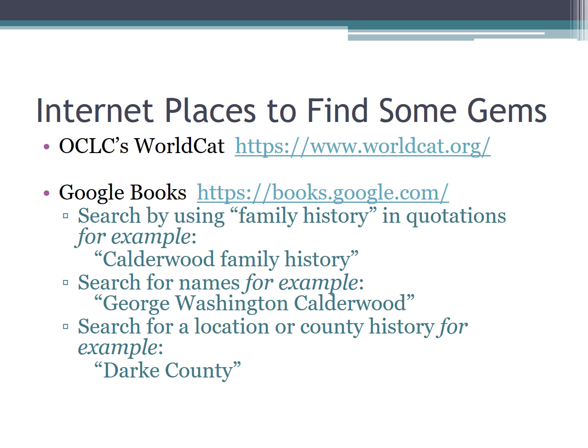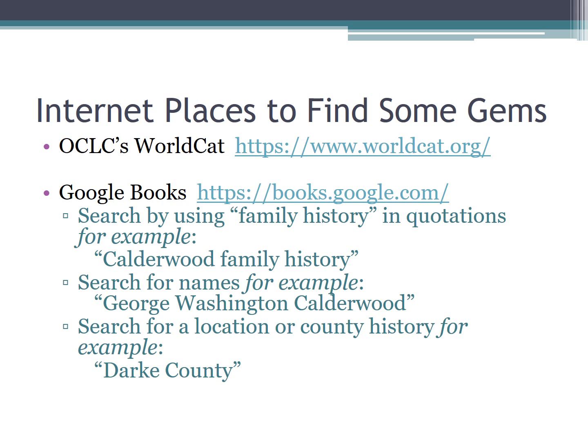Another thing that I highly recommend to find some great stuff for genealogy is Google Books. There's a link here for Google Books, and searching in Google Books is like searching a particular portion of Google, a segment. So you're not searching all of Google for these book names or family names, but just a segment, so the results that you're looking for are going to show up higher in the list.